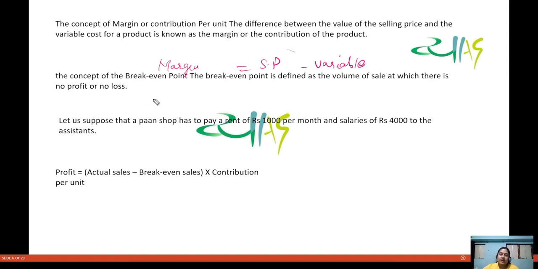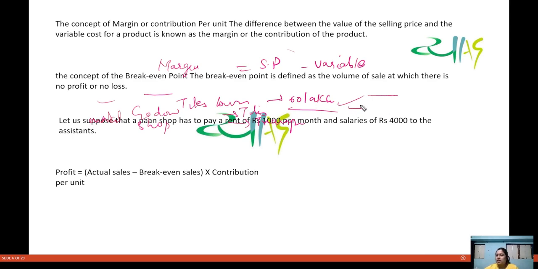Now let's move forward. What is the concept of break even point? Break even point is the volume of sale at which there is no profit, no loss. For example, you started maybe a tiles business and you spent overall 60 lakh rupees. You are purchasing tiles, paying for transportation, you have kept some godown, you have a shop, you have done some marketing of your shop.